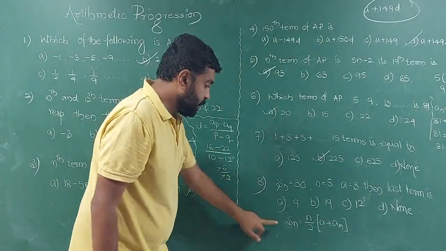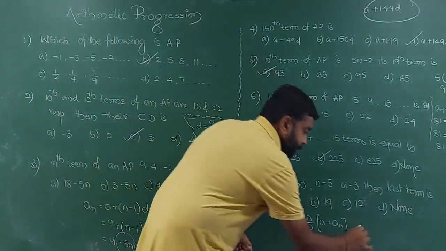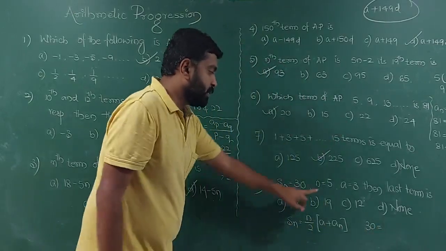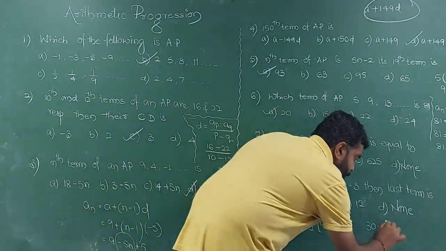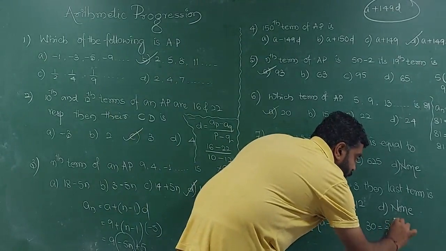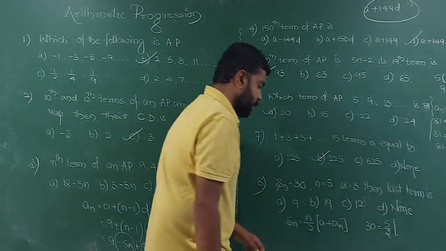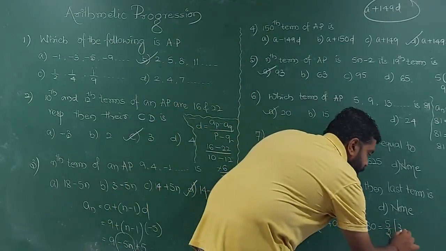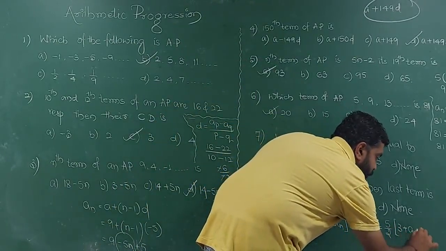Only substitution. Sn is 30, so 30 is equal to n by 2, that is 5 by 2, into a plus an. The a value is 3. An we want to calculate.